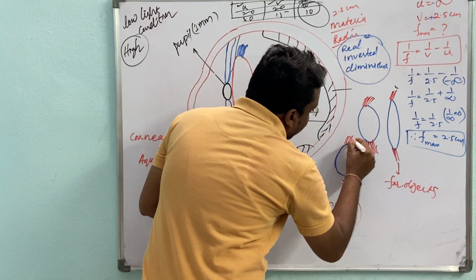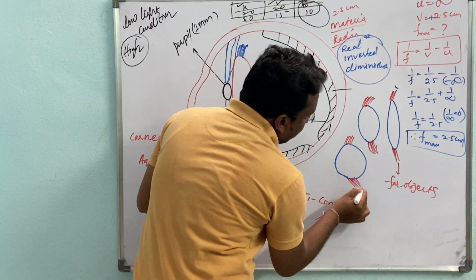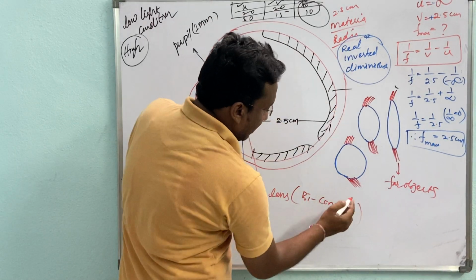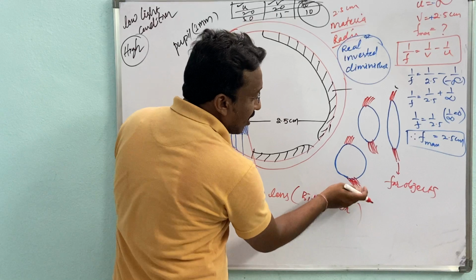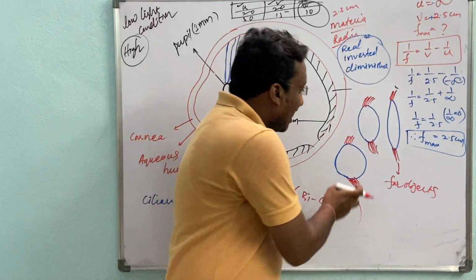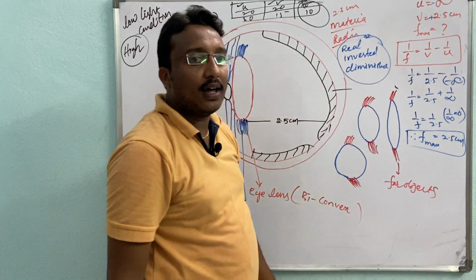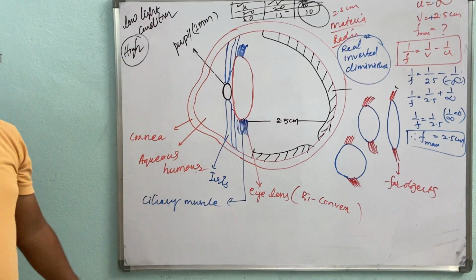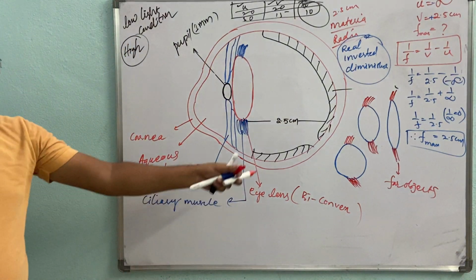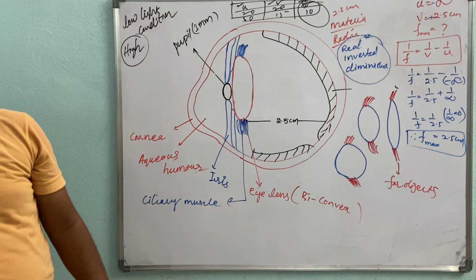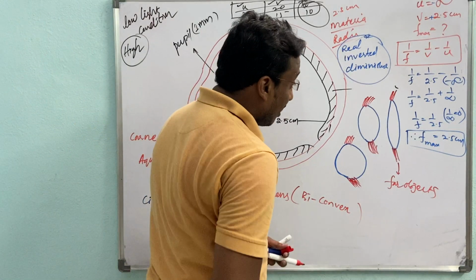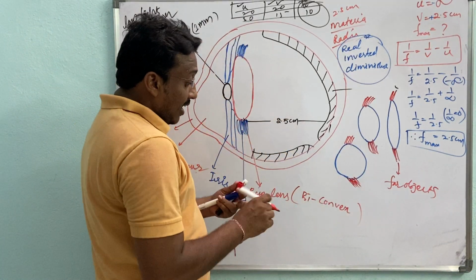Which can do that? The ciliary muscle. The red marker is showing the ciliary muscle, and the blue marker shows the lens.